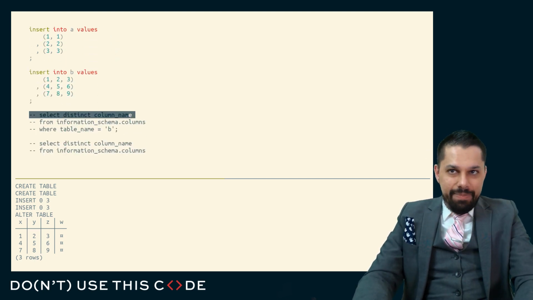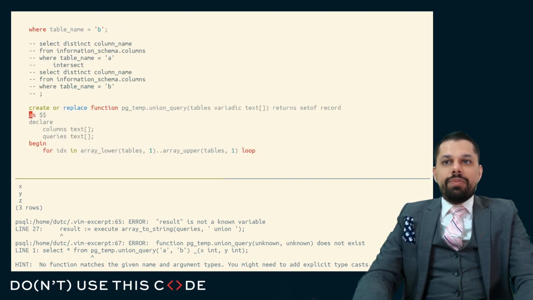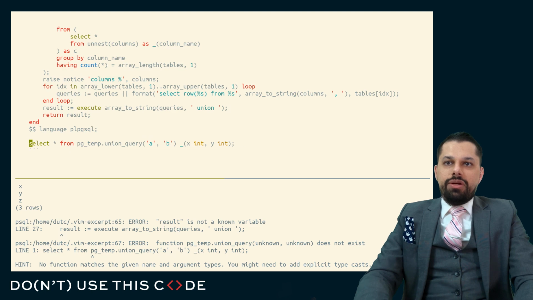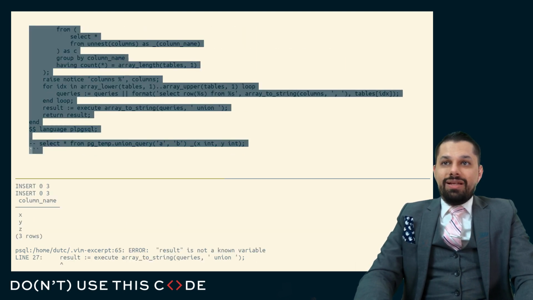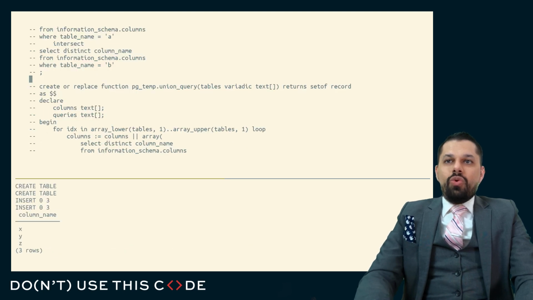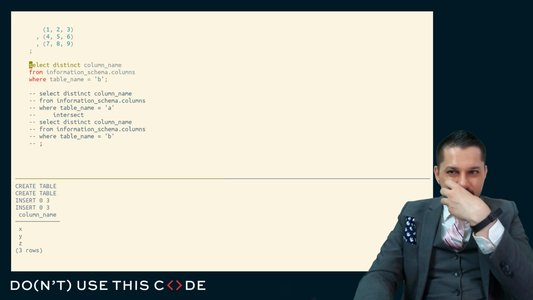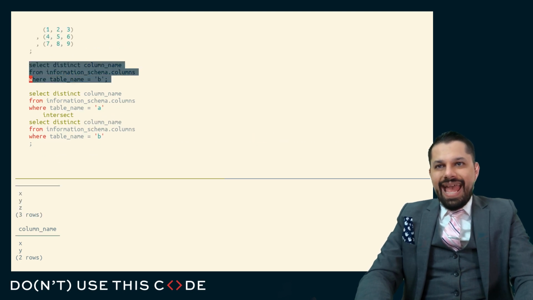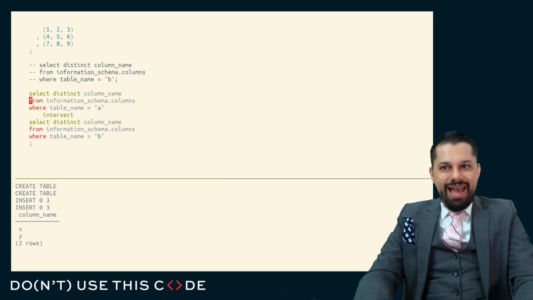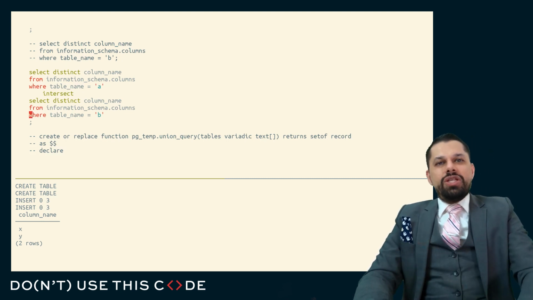But maybe we could use the information schema that is available within Postgres to ask what columns does B have, and we could ask the information schema what columns does A have intersected with what columns does B have, and we would just have to figure out how to coerce these two values into a query.